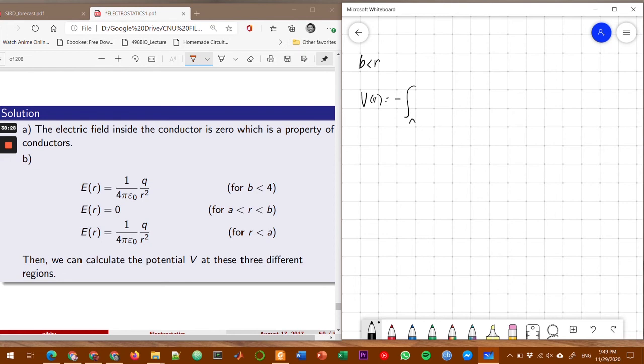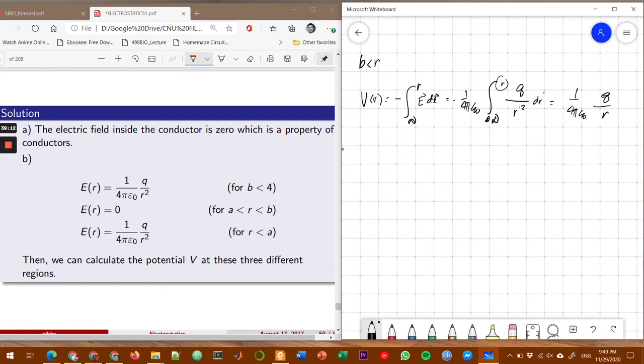Our reference point is always from infinity to R. So V equals negative integral from infinity to R of Q over 4 pi epsilon naught R prime squared dR prime, using the electric field outside. Integrating that, we get 1 over 4 pi epsilon naught Q over R. So that's the potential outside.